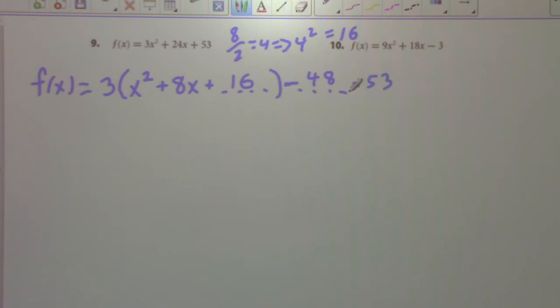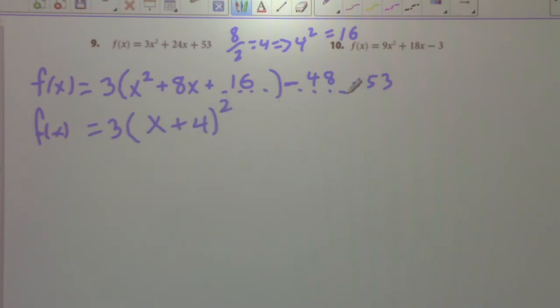So this is one step where people make mistakes on completing the square. So let's just go ahead on this. We got 3 times what is our completed square on this thing? x plus 4 squared.